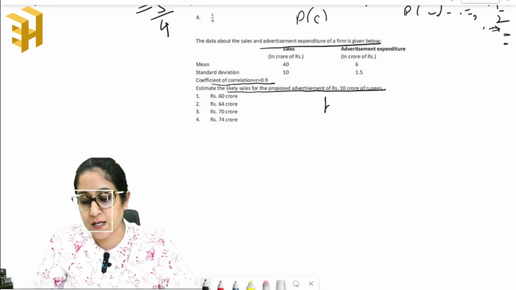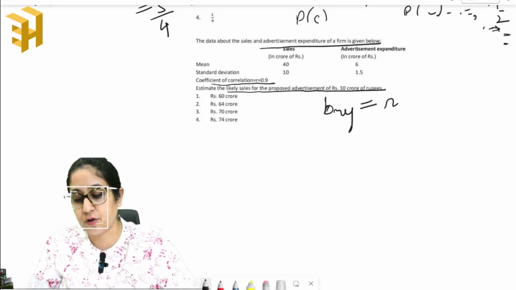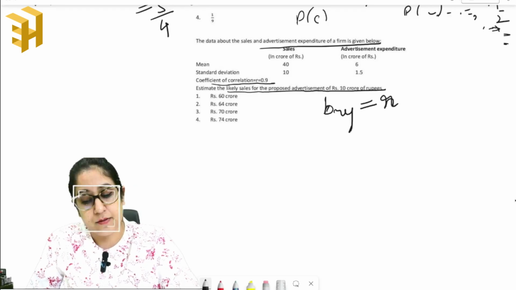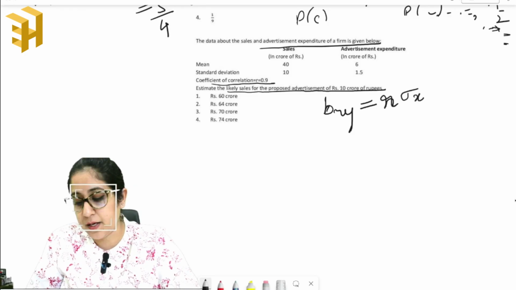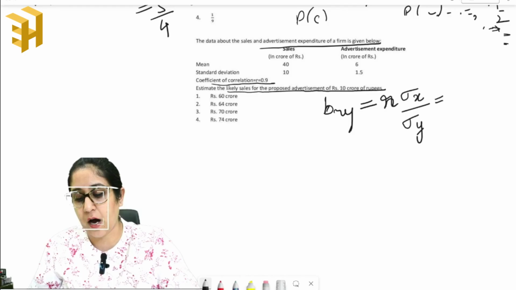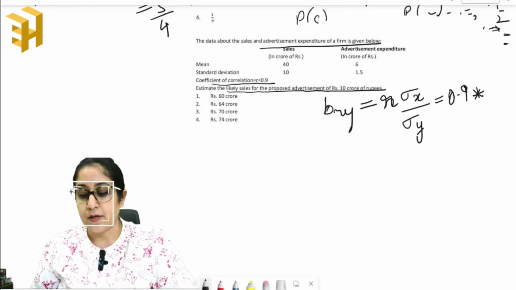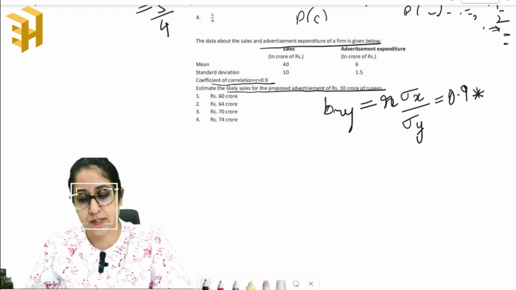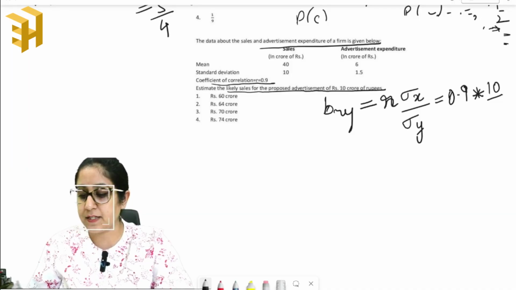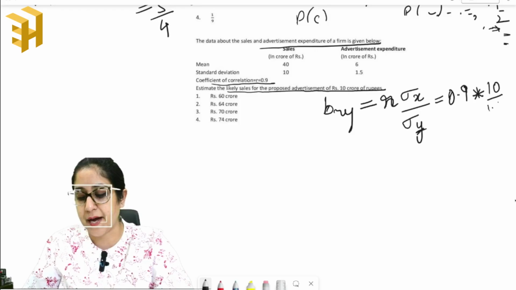So for this, first we need to find your BXY, which is nothing but your coefficient of correlation multiplied by standard deviation of X upon standard deviation of Y. So we are given these values, R is 0.9, multiplied by standard deviation of X, that is your sales, given as 10, divided by standard deviation of advertisement expenditure, the variable Y, given as 1.5.